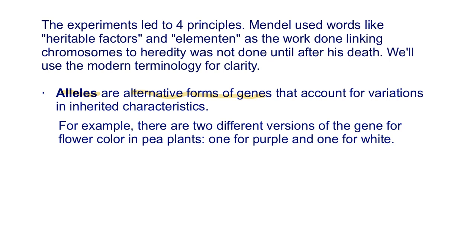For example, purple or white flowers are based on two different alleles for the same gene, the flower color gene. So I shouldn't really say that white and purple are alleles. White and purple are the phenotypes based on the alleles for white and purple flowers in the flower color gene.